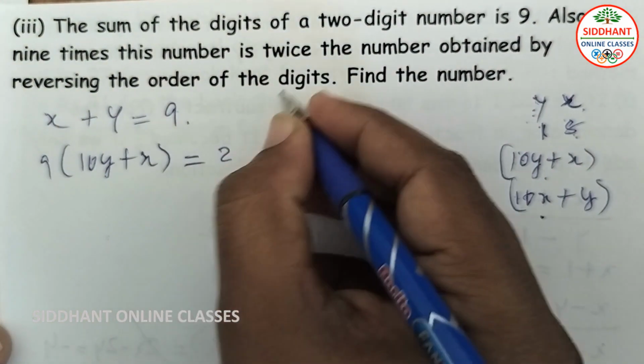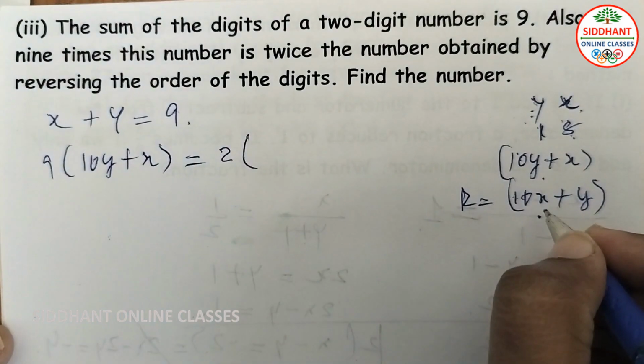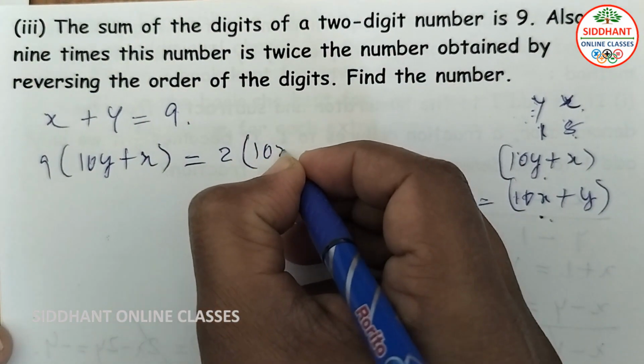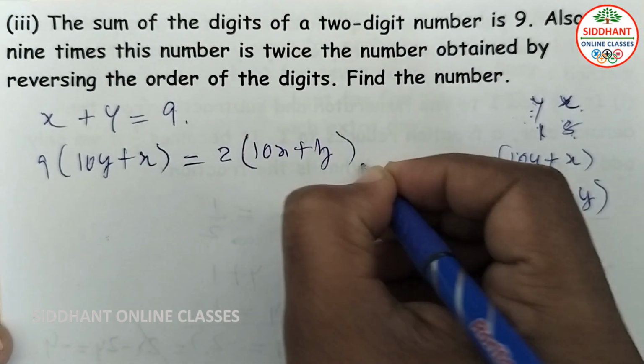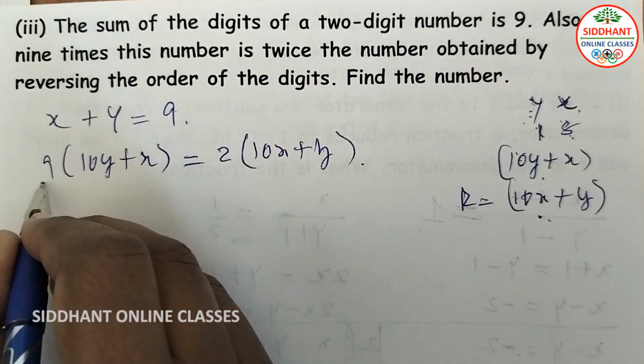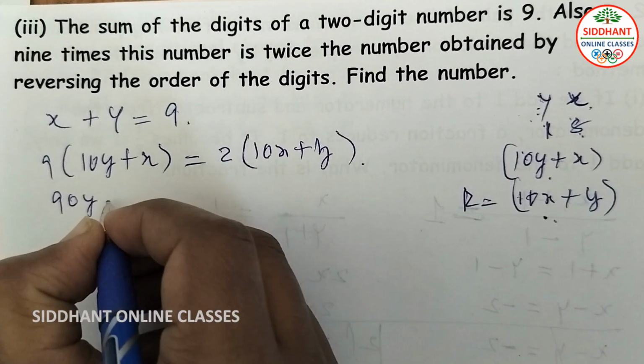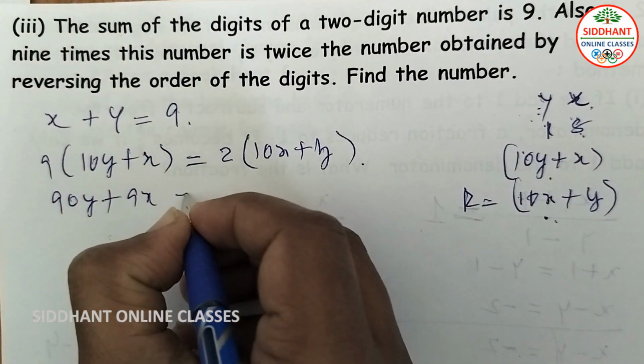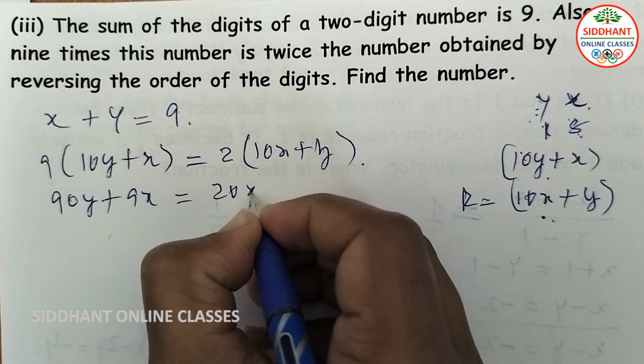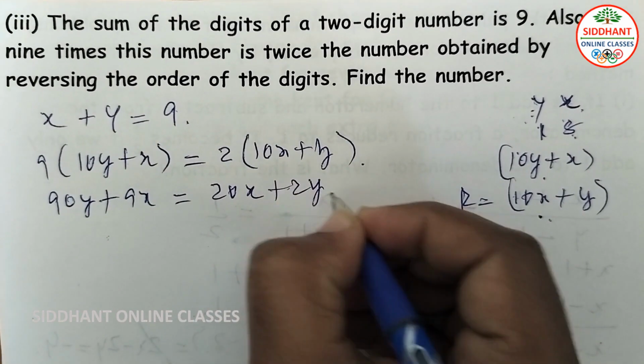So 2 into reverse order, reverse order will be 10x plus y. Now when you are going to simplify here, 90y plus 9x equal to 20x plus 2y here.